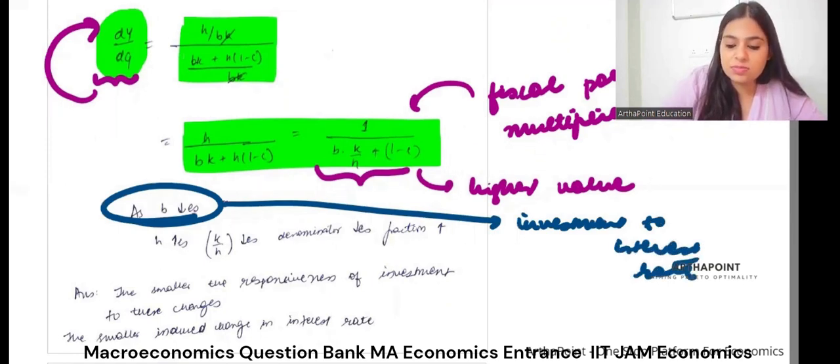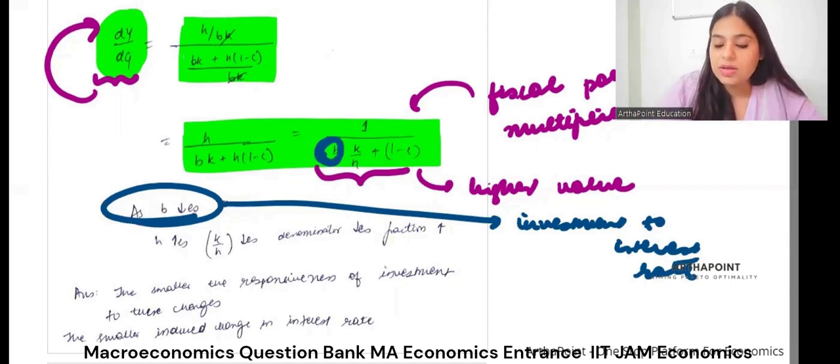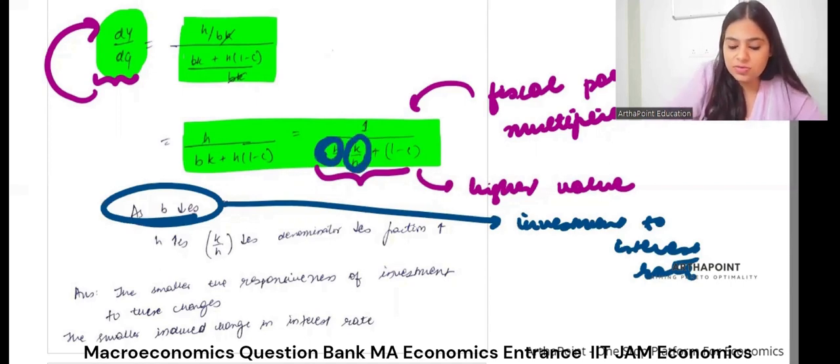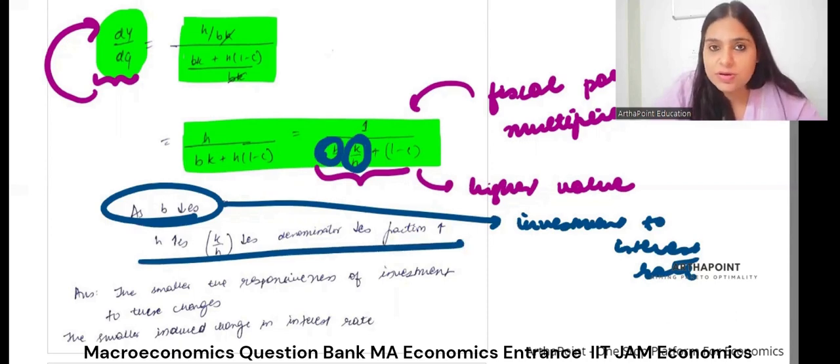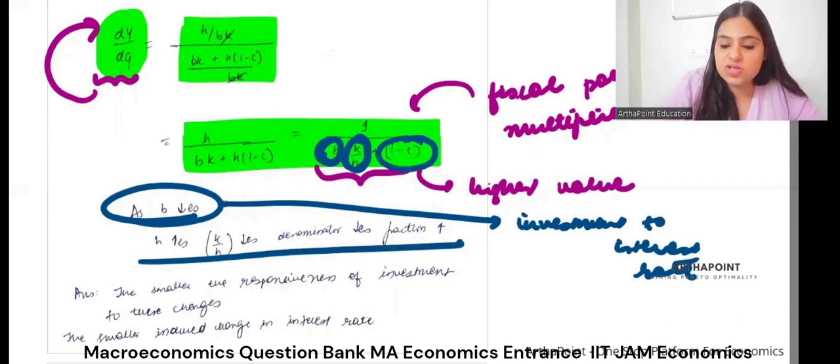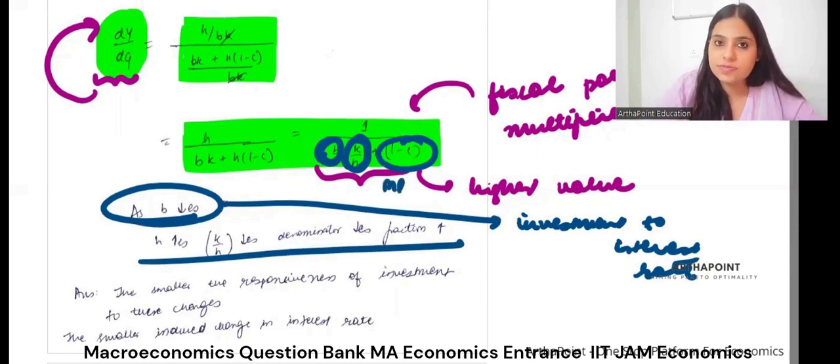Then this is the slope of the LM curve, so it's dependent on the slope of the LM curve. And then this is your 1 minus C.